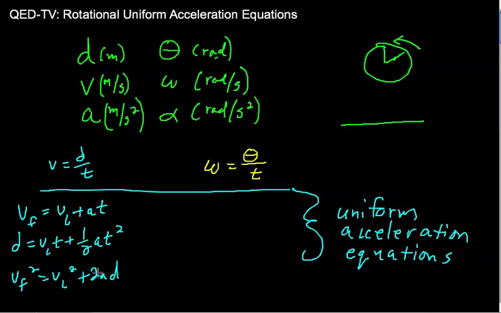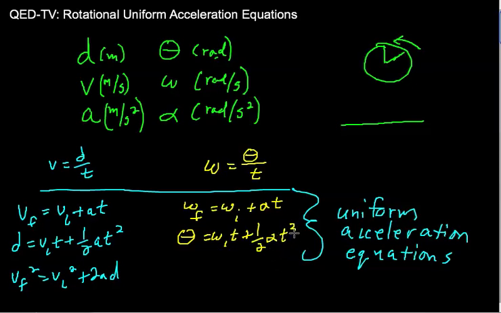So all these equations just have a corollary equation that's the same. I have final angular velocity equals initial angular velocity plus alpha, angular acceleration, times time. Or I could have the amount of radians we turn, angular displacement, equals initial omega times time plus 1/2 alpha t squared, where alpha is angular acceleration.